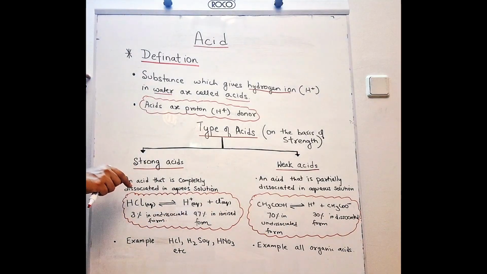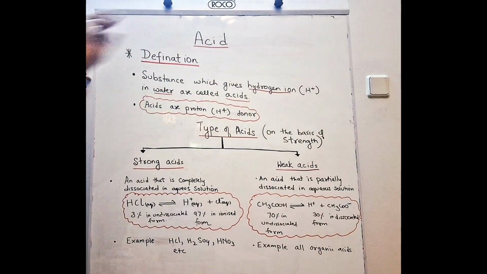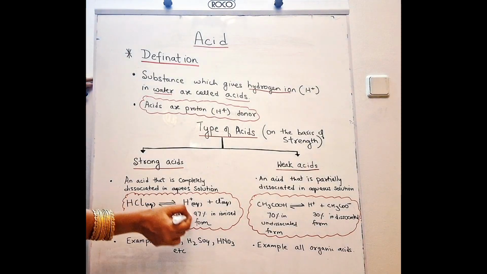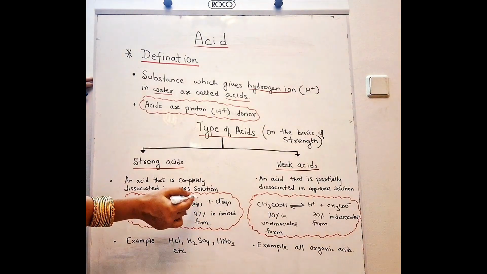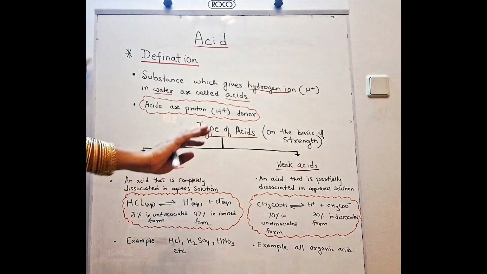Now why is it a strong acid? Because in the HCl bottle which you see in your lab, 97% of HCl is present in the form of H plus ion and Cl minus ion. This is approximate; I just want to explain to you, that's why I take any number.